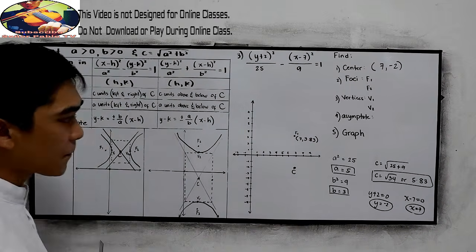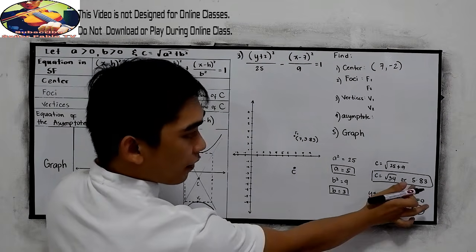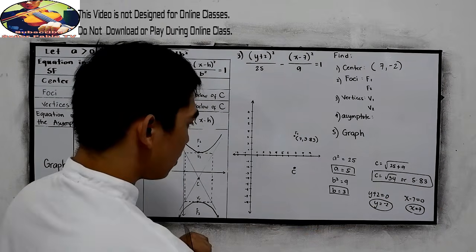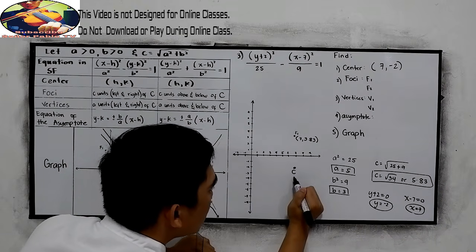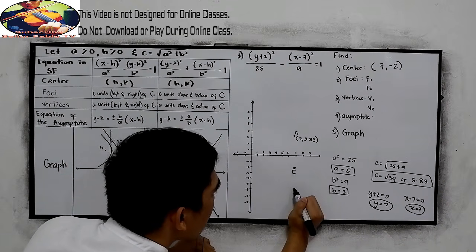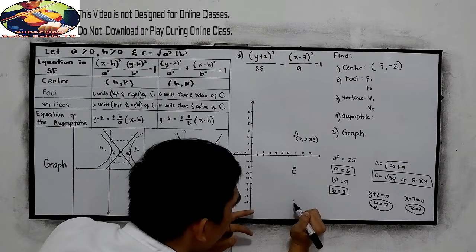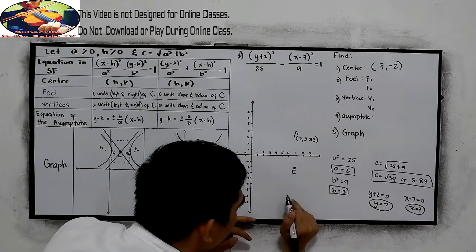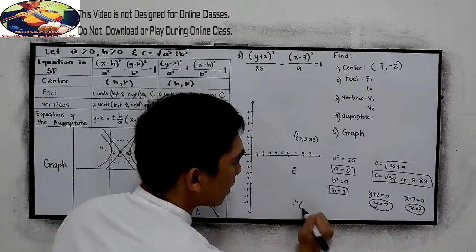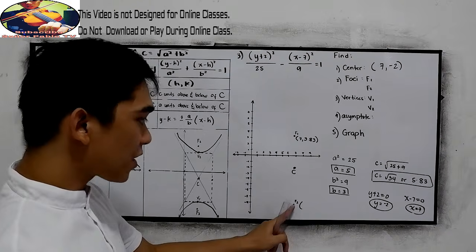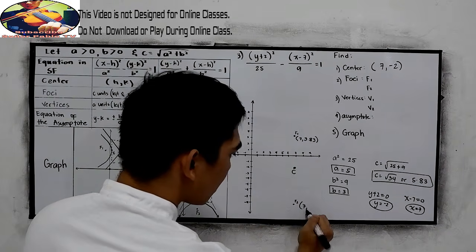Next, 5.83 below. So below is 1, 2, 3, 4, 5. Then we have 0.83. It's here. So if we're going to find our f sub 2, the coordinates, on our x, we have 7.